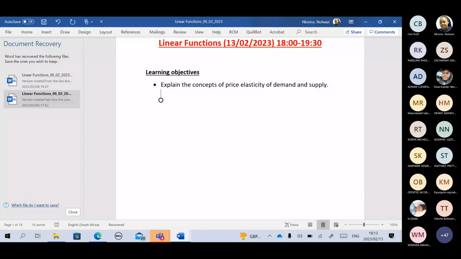Because if you know such information in a business, you know that total revenue from a product depends on both price and quantity.